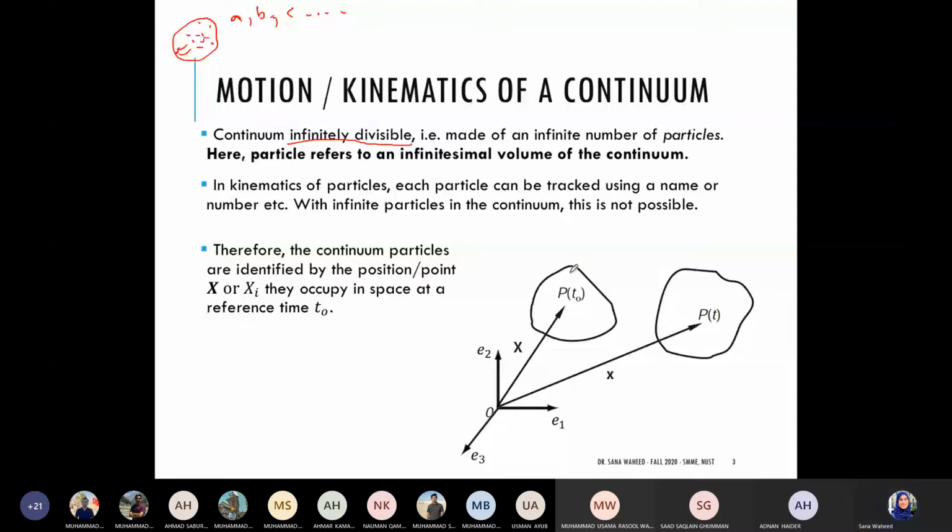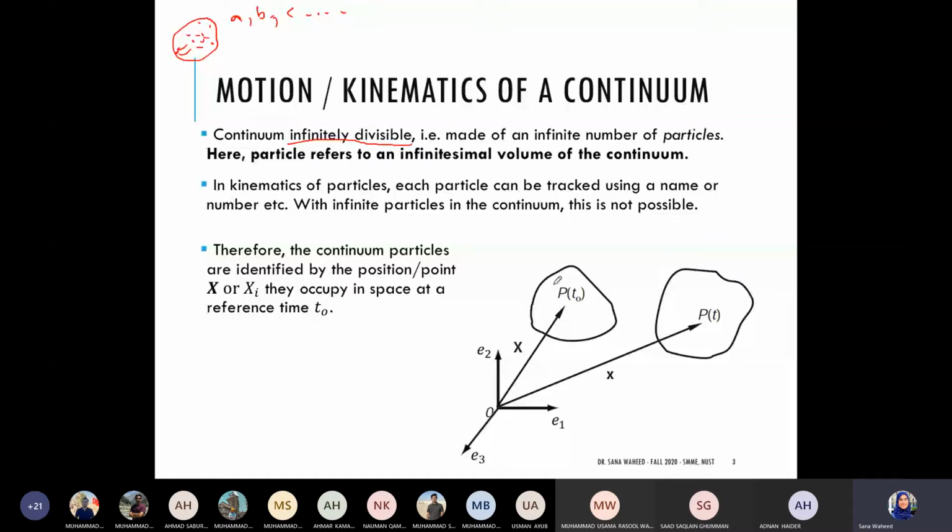So rather than naming those particles themselves, I'm just going to use their spatial positions to identify them. I hope this part is a little clear, because even if I have an infinite number of particles, I can still analyze the spatial positions that were occupied by them.